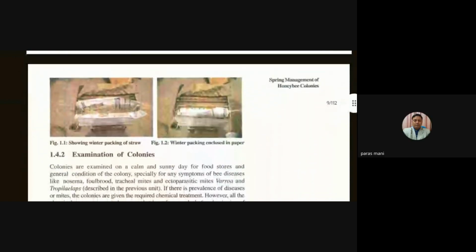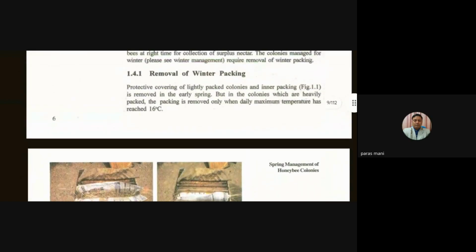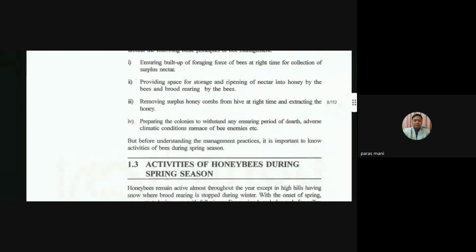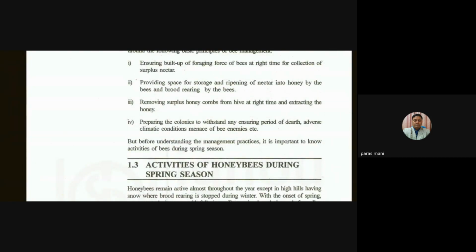One minute, sir. I have one question here. We are talking about providing space for storage. It means at the outset, suppose we are having 8 frames, we should only keep 6 or 7, and only then can additional combs be inserted?